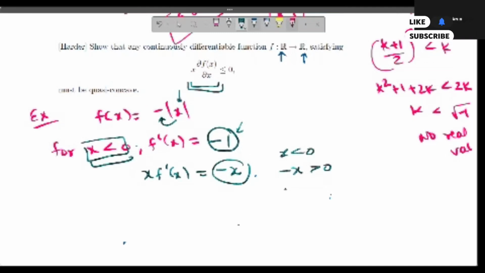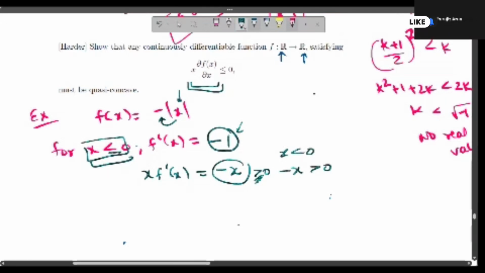So that means this is greater than 0. It can be greater than or equal to also, if here you apply equal to, then you can apply equal to here.